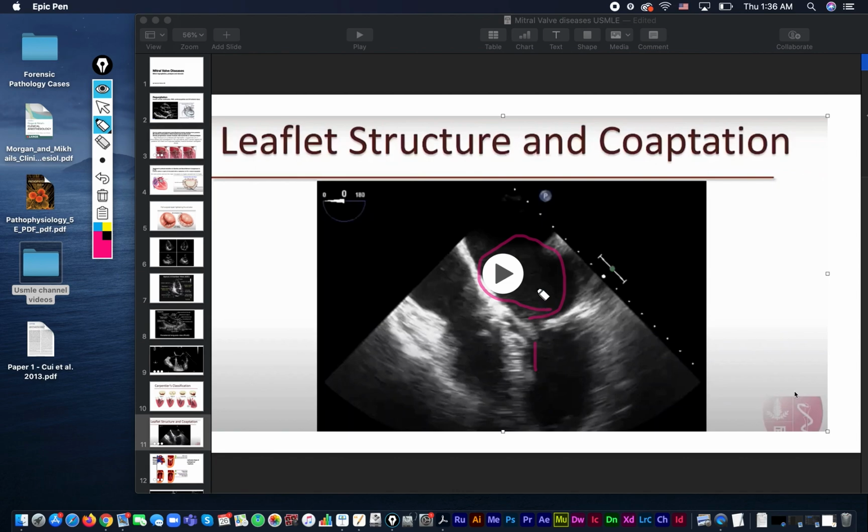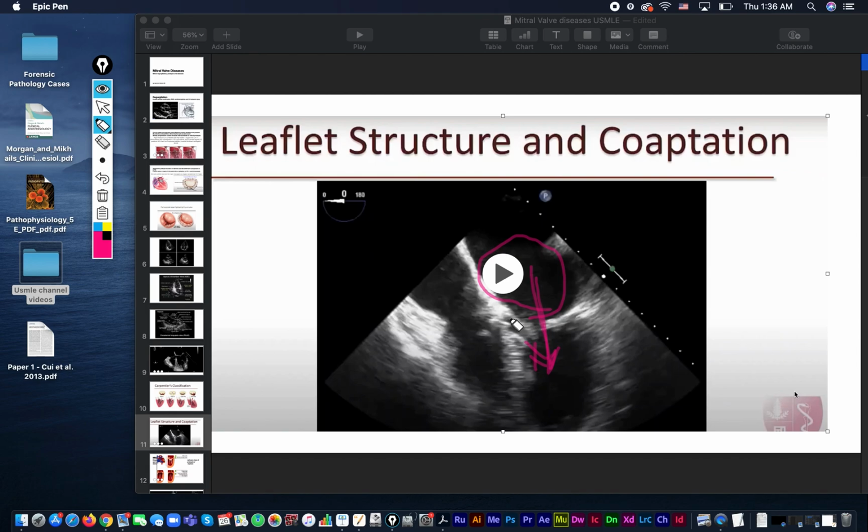So during diastole, the pressure in the left ventricle is low, so the blood goes straight to the left ventricle.